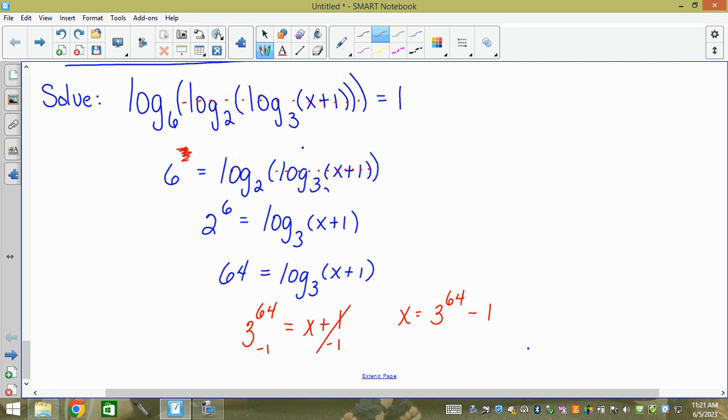The bracket is awful, I'm not going to lie. Then I do the next one. So you convert as many single logs as you have to get rid of. And if it's a multiple choice, they're going to leave it like that, just so you know, 3 to the 64 minus 1 or something like that. Because this is 3.43 times 10 to the 30, right? So they'll operate it.